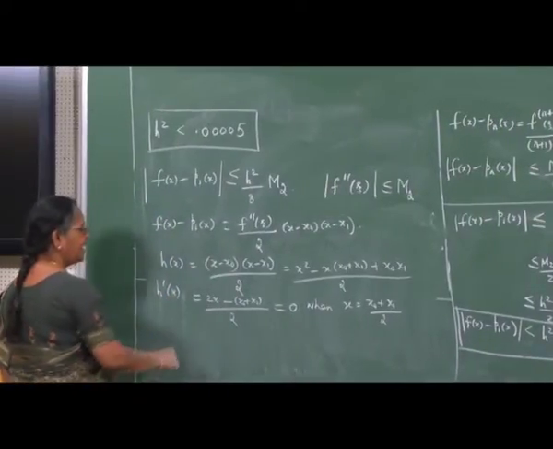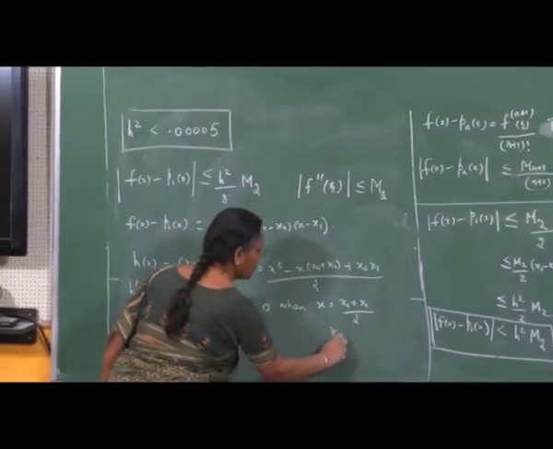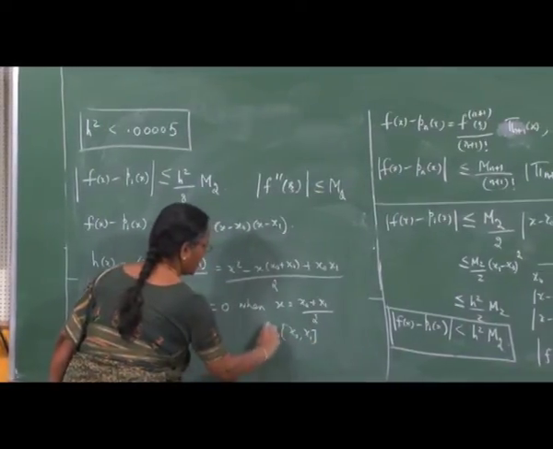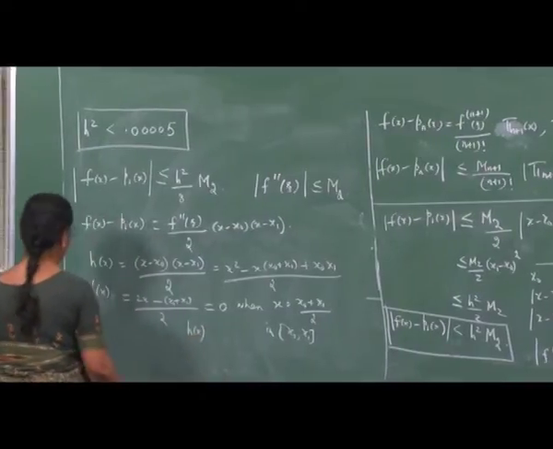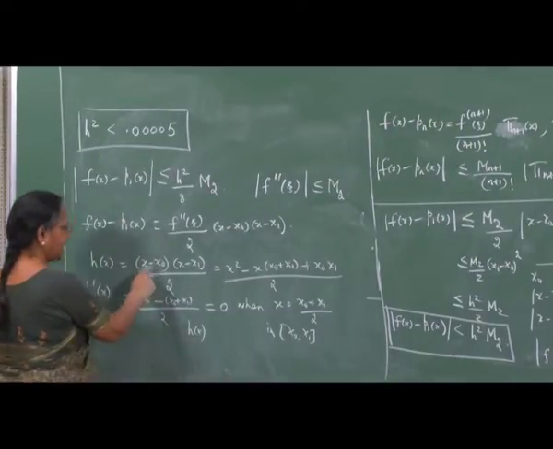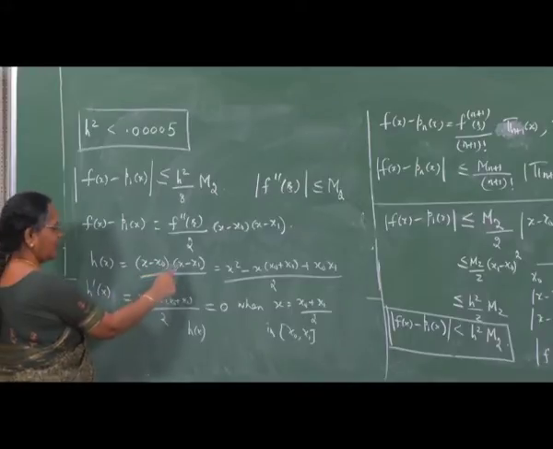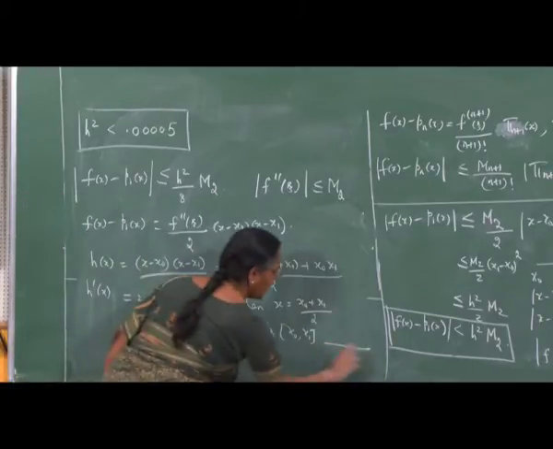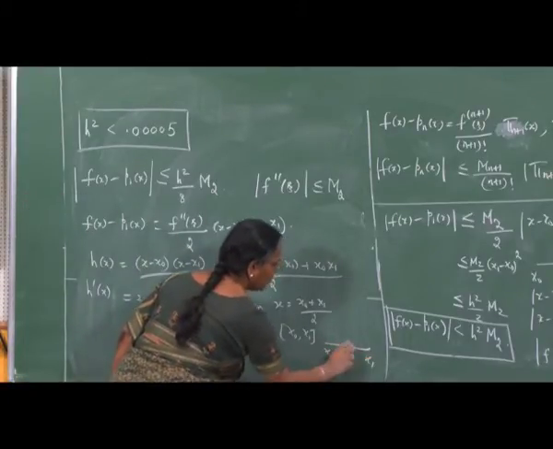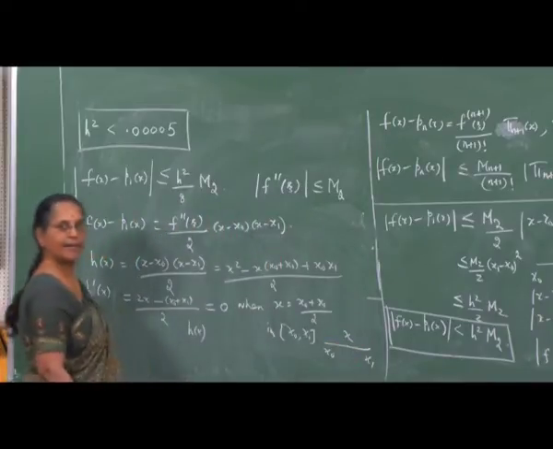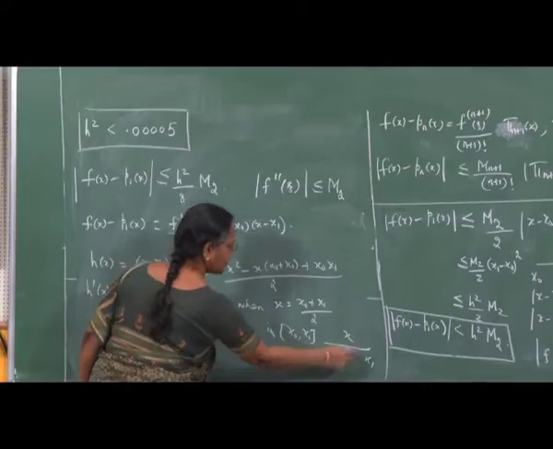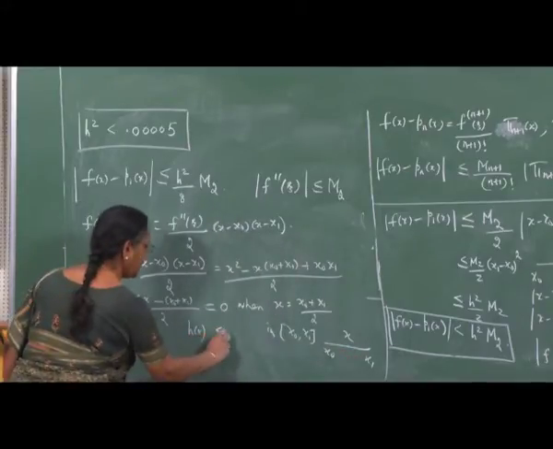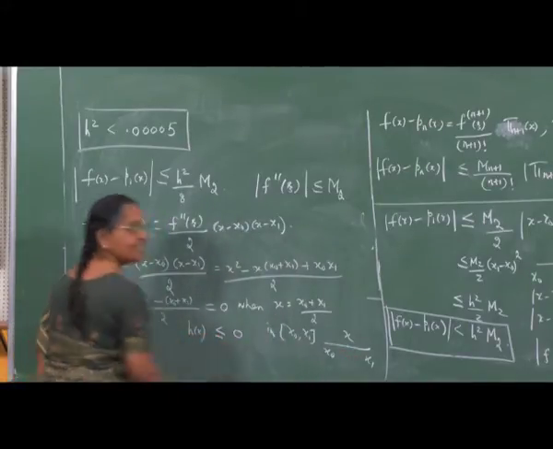And in this interval x naught to x1, I see that h of x is x minus x naught into x minus x1. So, I have the interval x naught to x1, x is somewhere here. So, x minus x naught into x minus x1 is going to be negative in this interval.